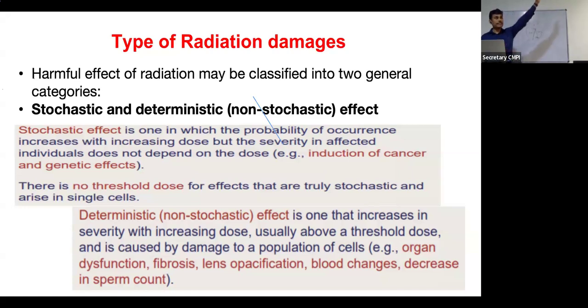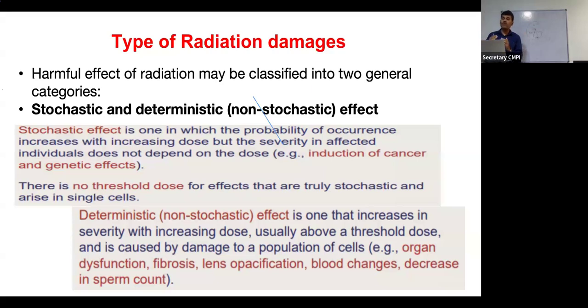For example, if a person is getting a certain dose, let us think he is developing cancer because of that radiation. Another person is getting a heavy dose, and let us assume he is also getting cancer because of that radiation. Now, we cannot say that the second person will have stage 4 cancer and the first person stage 1 cancer. Nothing like that. Severity is not related to the radiation dose.